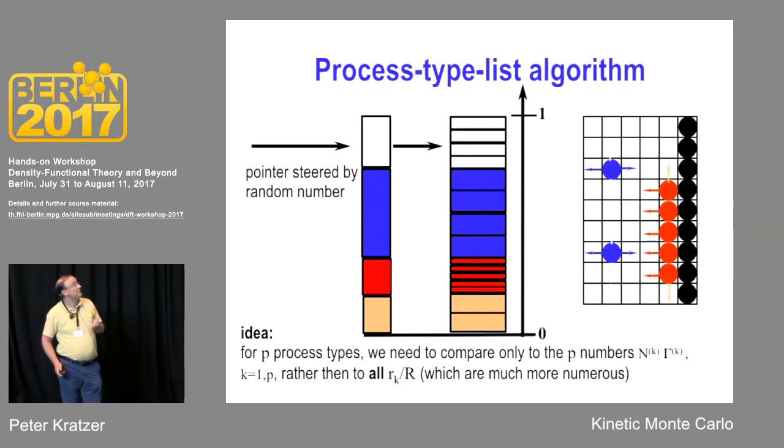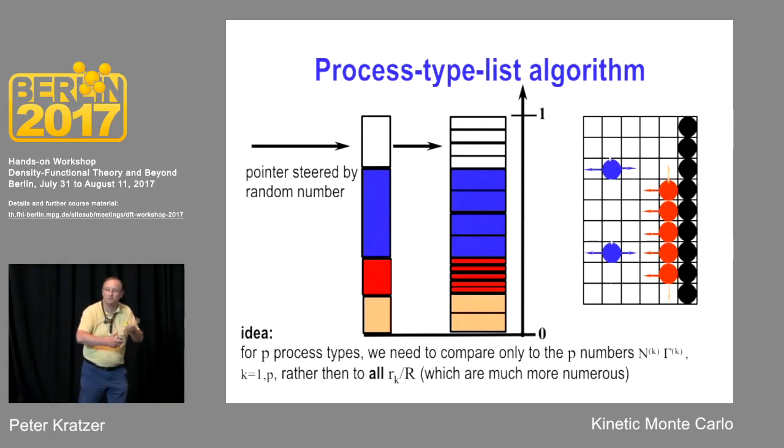Now here, this is the way to do it, what I call the process type list algorithm. So you first generate a random number to steer your pointer. It selects one type of process. So move up or move horizontal or whatever. And then after that, you select an atom that does the move. So in this way, you make sure that the relative probabilities are correct.